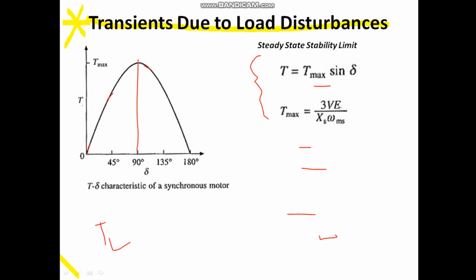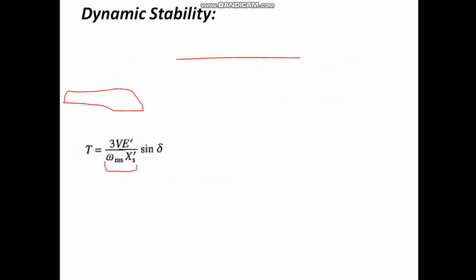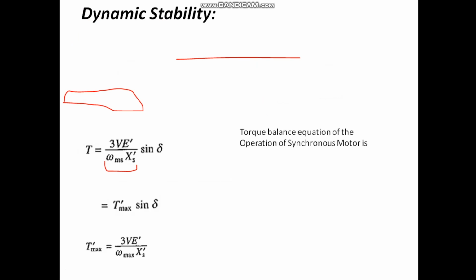Now what we have done is replaced E by E dash and XS by XS dash. So this is what my T becomes. Since I have replaced E by E dash and XS by XS dash, T max becomes T max dash.